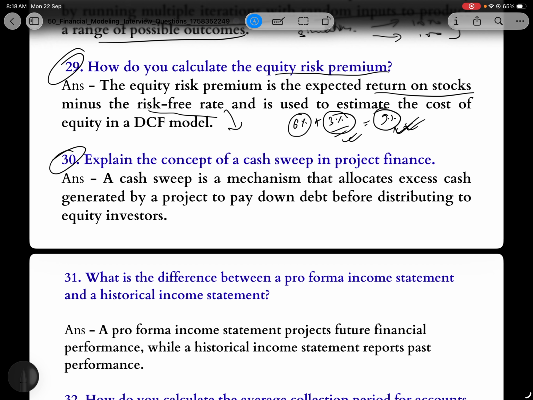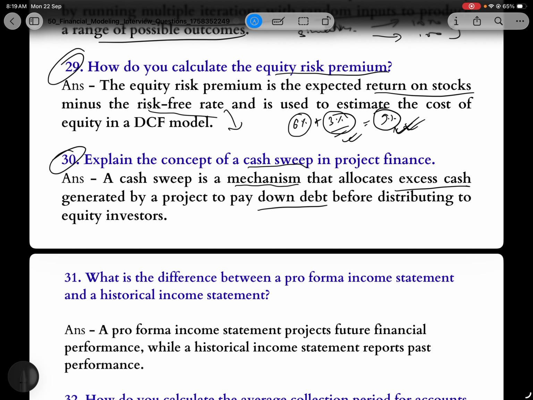30 is about the concept of cash sweep. A cash sweep is a mechanism where we allocate excess cash generated by a project to pay down debt before distributing it to equity investors.